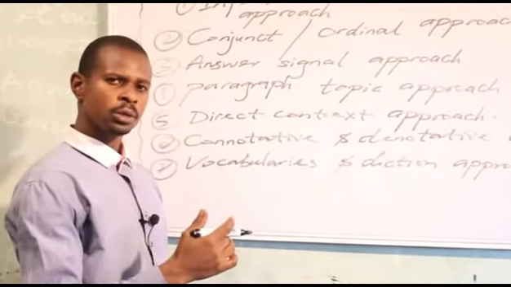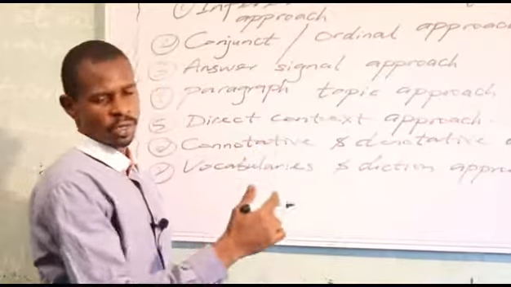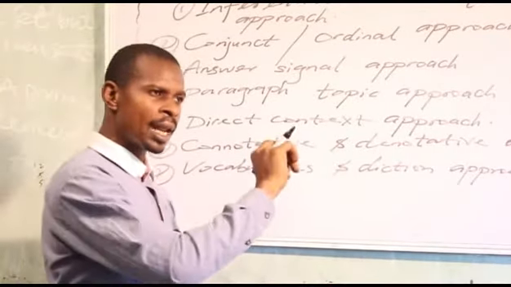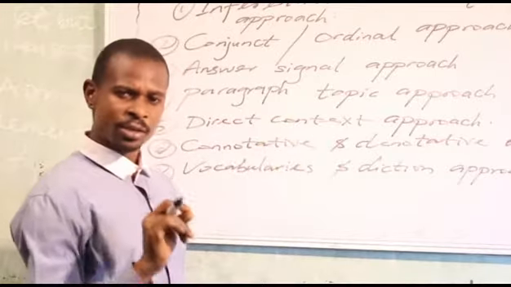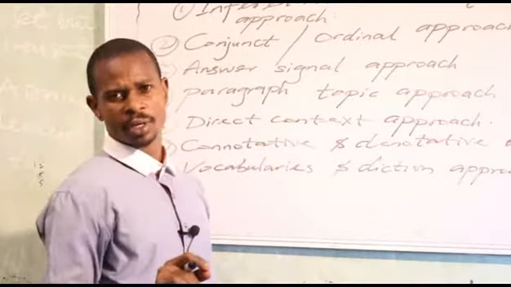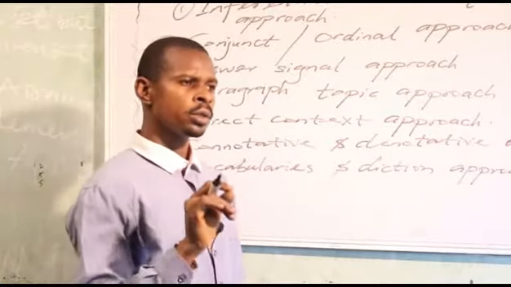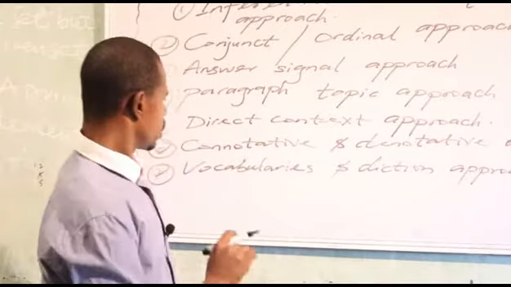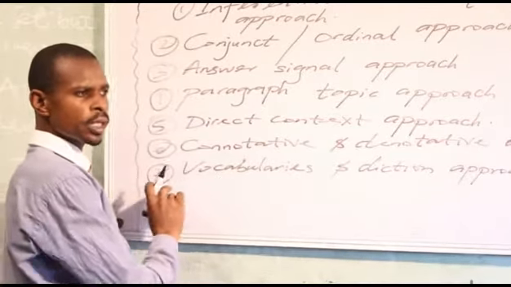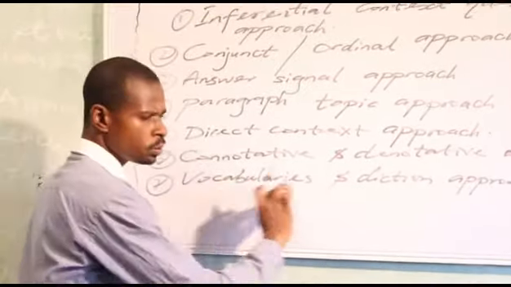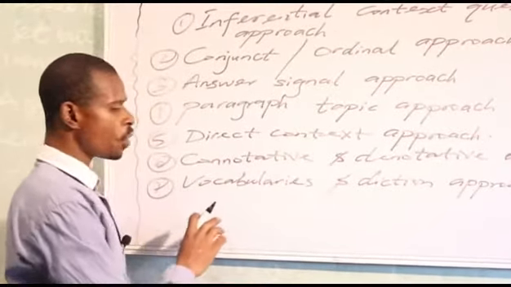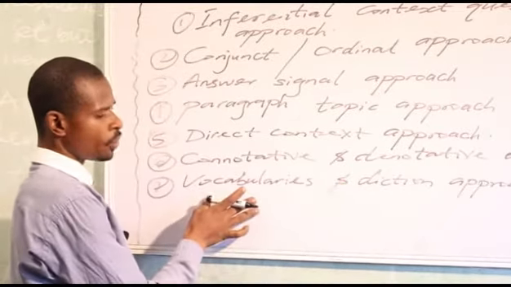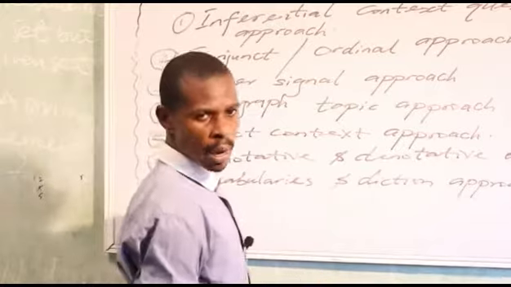A particular comprehension question will be given to you, and inside that comprehension, they will underline some words. That is the reason why you have to make use of a dictionary often, so that you will be able to know the meaning of new words. They will ask you to look for the meaning, or you should write another word in replacement of the underlined words given to you in the passage. That is under the vocabulary and diction approach.